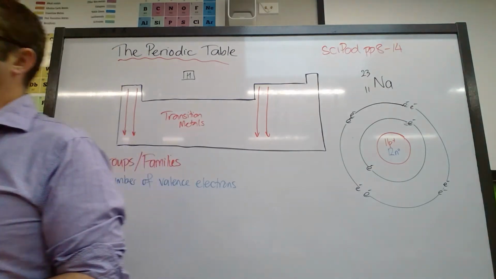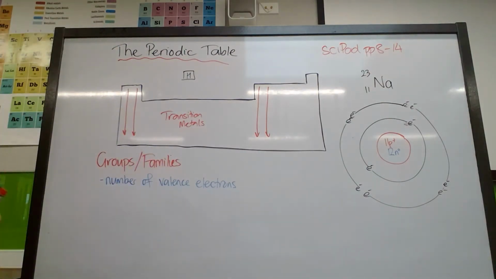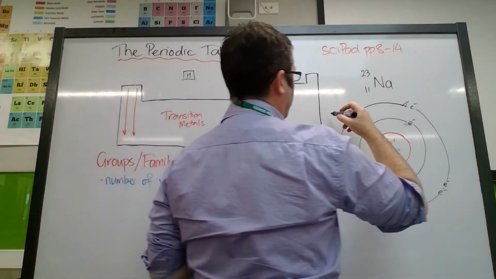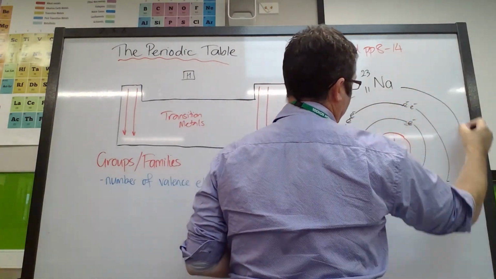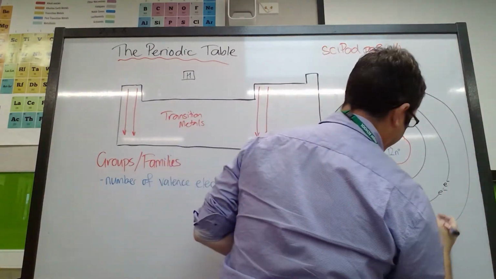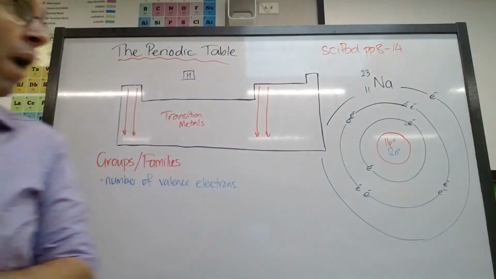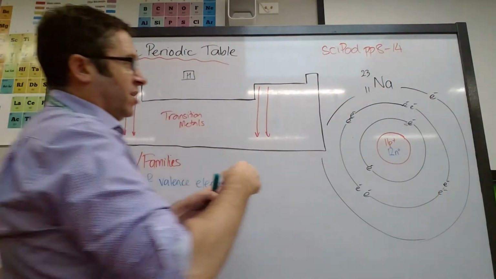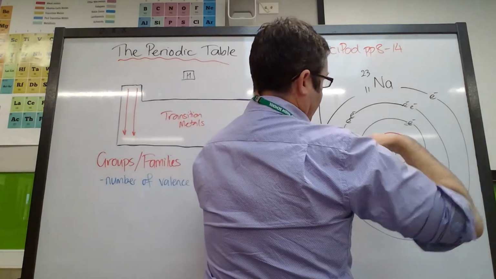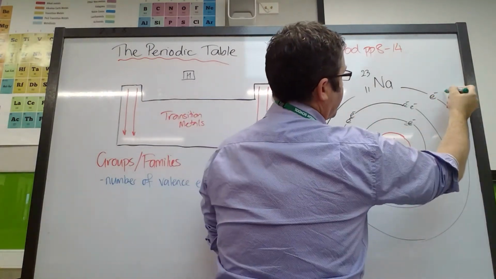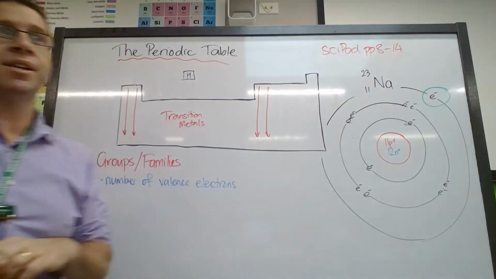Once that has 8 in it, it can't take any more. I've still got 1 left over, so it's going to go in a third energy level, a third shell. Because it only has that 1 electron on the outside, this helps explain its chemical properties.